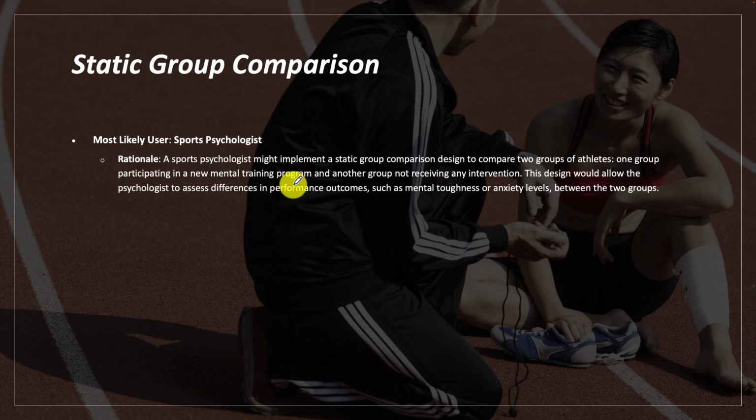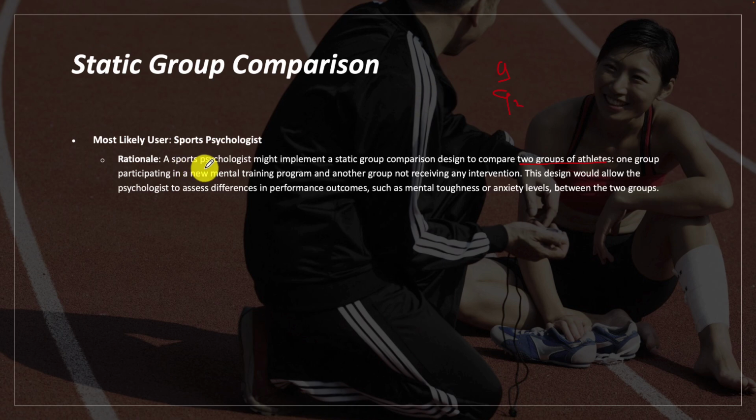And then lastly, the sports psychologists in the class might use this static group comparison. They might implement a static group comparison design by comparing two groups of athletes, right? So that would look like we have group 1 and group 2. You understand my annotations here.